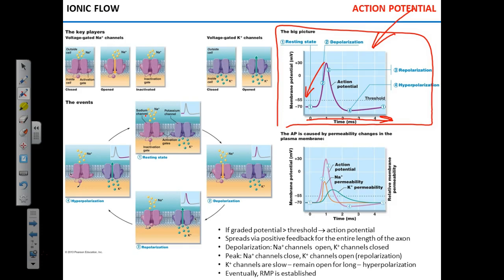This graph represents what is going on at a very small, very tiny patch of the membrane. Does that make sense? So we're looking at the membrane in one particular place. We are not looking at the entire axon, we're looking at a small patch of the membrane. Are we agreed on that? Awesome. On the y-axis, it's the membrane potential, in millivolts.